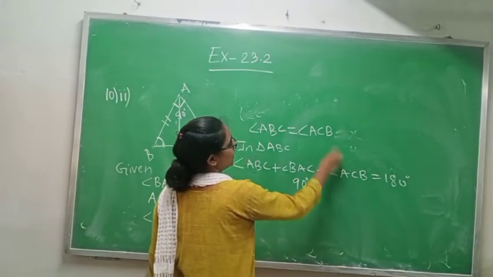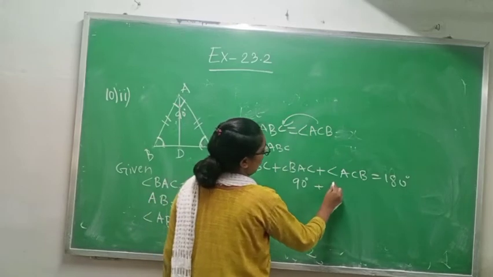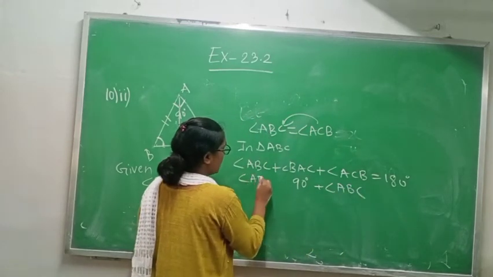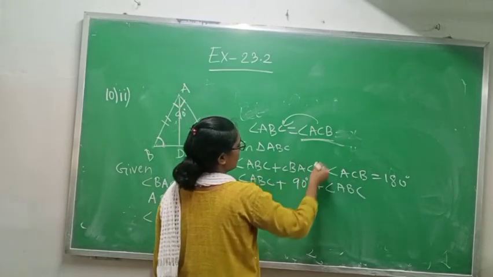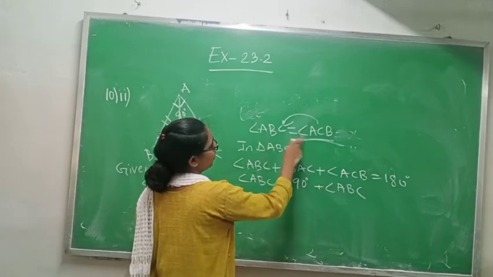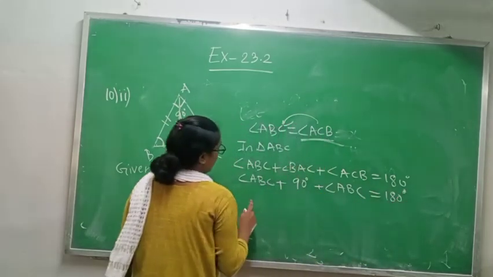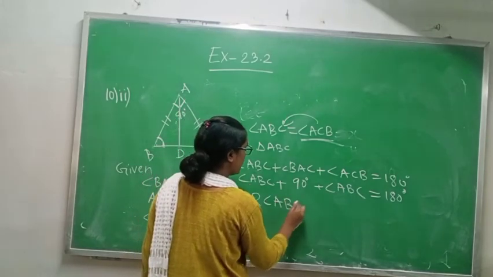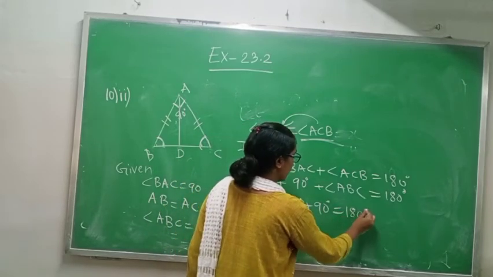Now in place of ACD, we can write ABC because both are equal. So this one as it is, but in place of ACD, I am writing ABC. It is coming 180 degrees. Now ABC plus ABC will give you two angle ABC. Two angle ABC plus 90 degrees equals 180 degrees.